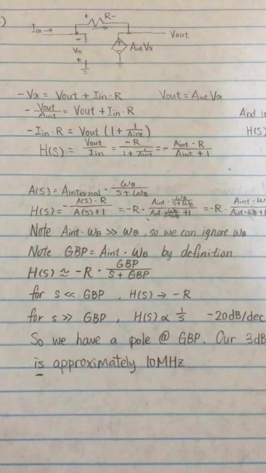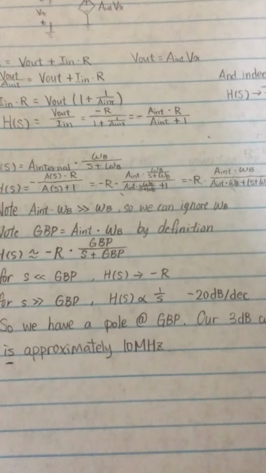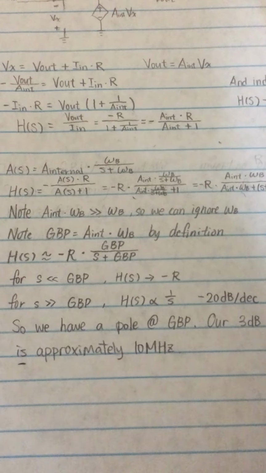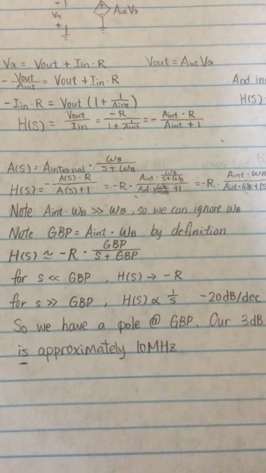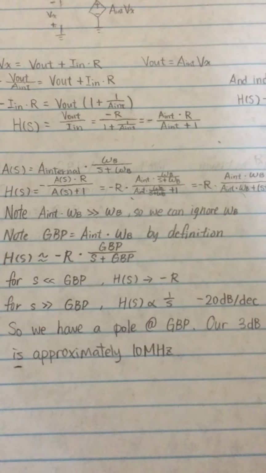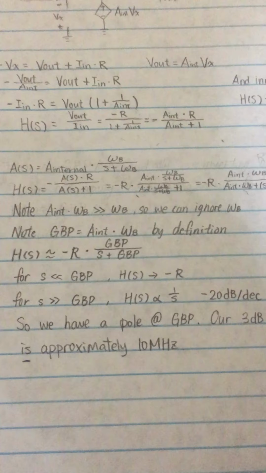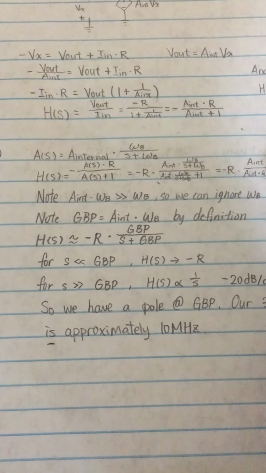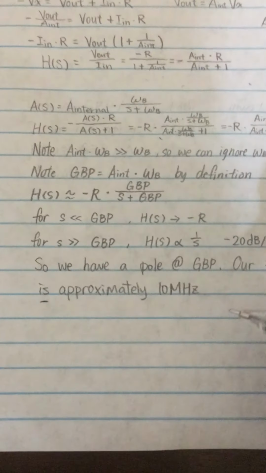And as we know, GBP is actually the intersection between the magnitude plot of the op-amp gain with the x-axis.